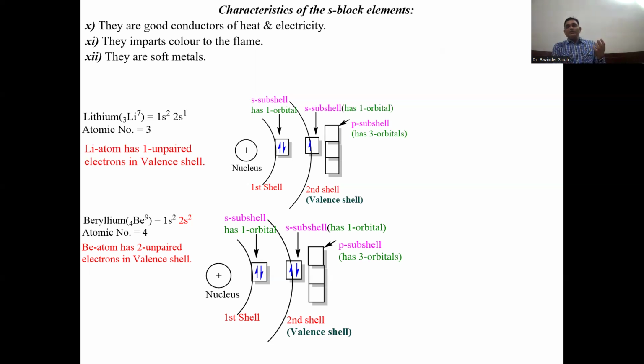So whenever any examiner asks where we can keep these reactive metals, we can keep them only in liquids which are non-reactive to these elements. Generally you read in the books that we can keep sodium or the group 1 and group 2 elements in kerosene oil.